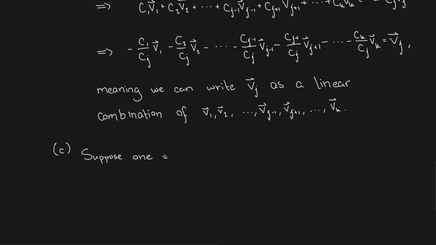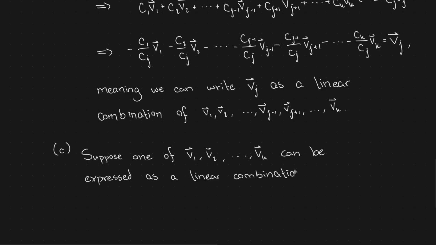Suppose one of the vectors V1, V2 to Vk can be expressed as a linear combination of the other vectors.